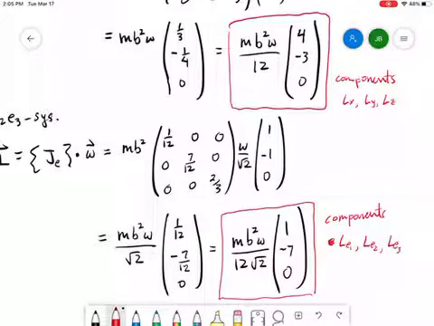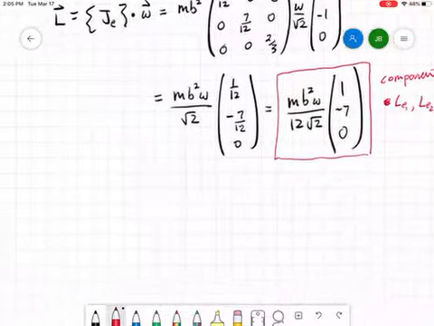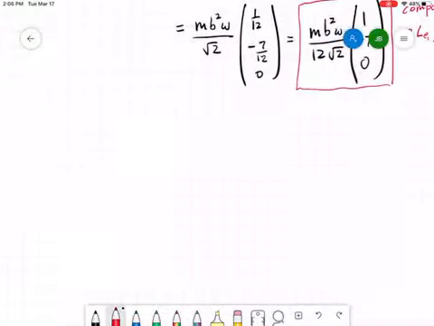What we might try to do is see, are these in fact equivalent angular momenta? They better be, or there's a problem, because that would tell us that we get different answers depending on what coordinate system we chose. So let's see if we can do this.